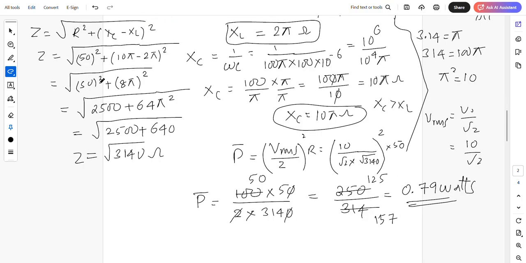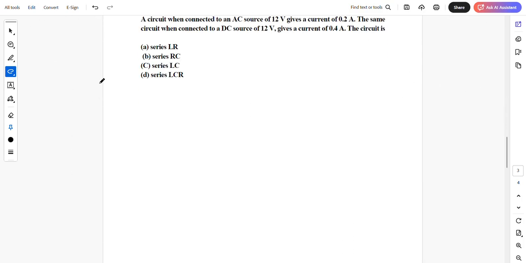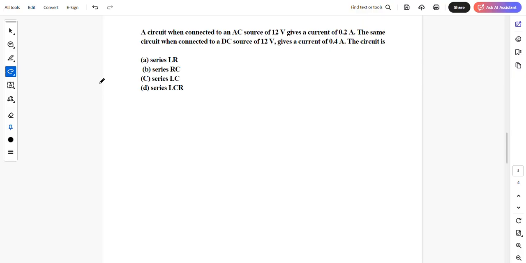Next problem, we'll see what it is saying. It is saying that a circuit when connected to an AC source has V equal to 12 volts and I equal to 0.2 amperes.